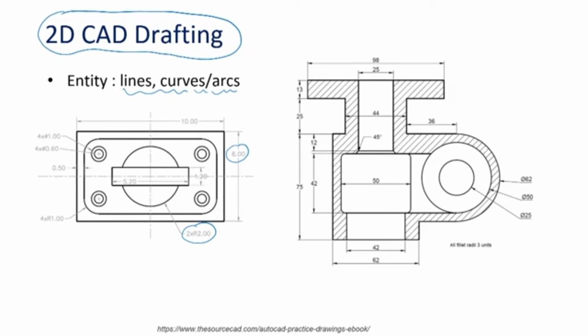In 2D drafting and modeling, we can even reveal the internal shapes and internal features by following certain conventions, and that is called machine drawing. In machine drawing, there are a lot of conventions, and by applying these conventions, we can easily communicate about the internal shape.